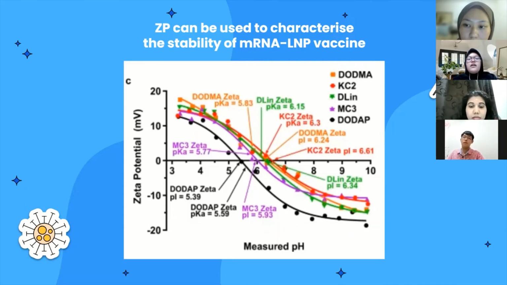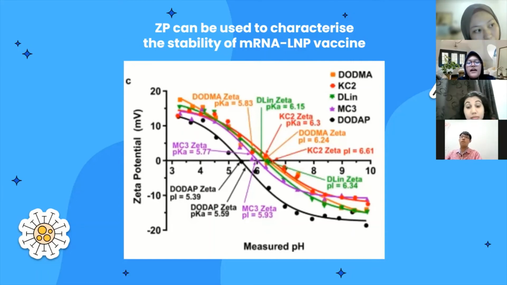So first, zeta potential can be used to characterize the stability of mRNA LNP vaccines. Here you can see there are 5 lipids that have been commercialized to encapsulate mRNA, which are ALC-0315, DLin-MC3-DMA, SM-102, and more. If you want to make a vaccine, maybe we use this one.